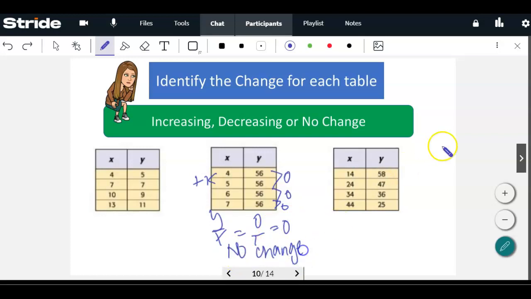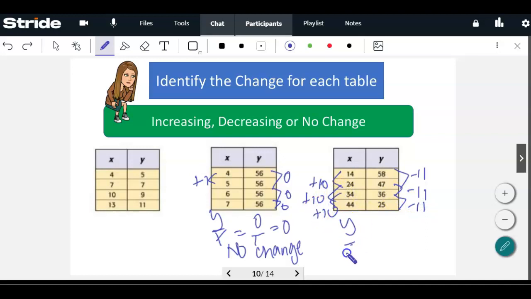Okay, so let's do the other one real quick. So this one, to get from 58 to 47, that's down 11. This one, to get from 14 to 24, that's up 10. This one, down 11, up 10. Looks like they're all constant here.